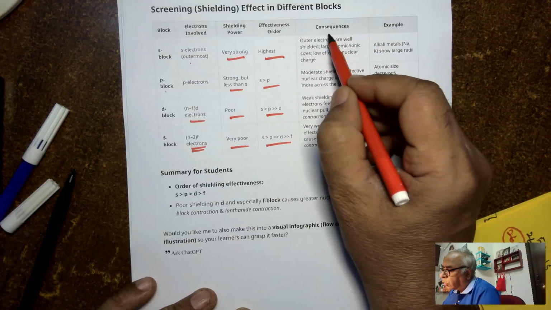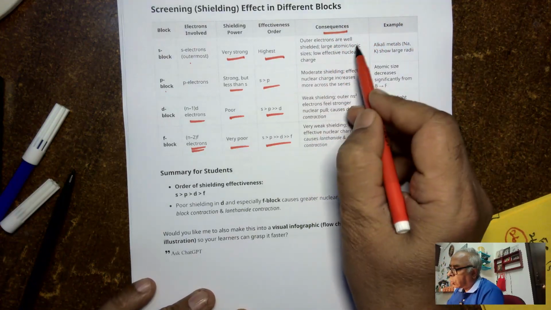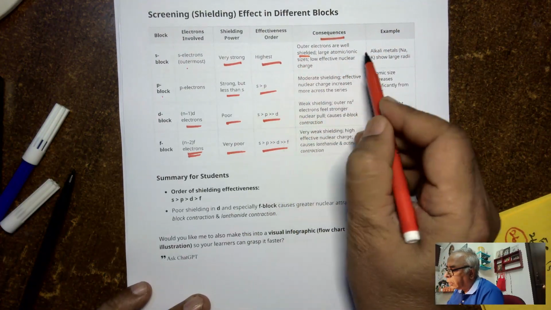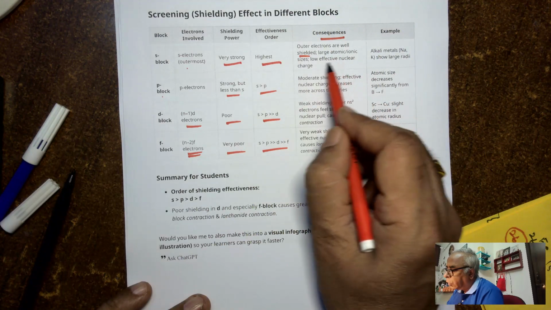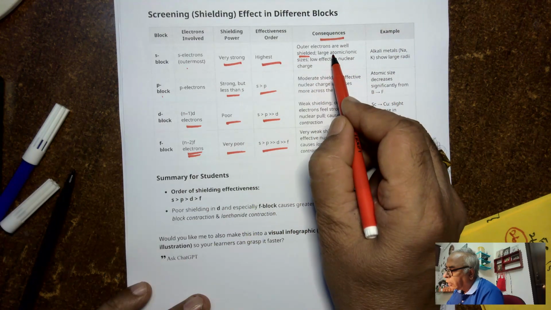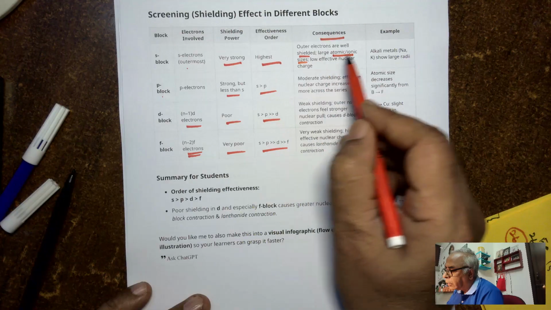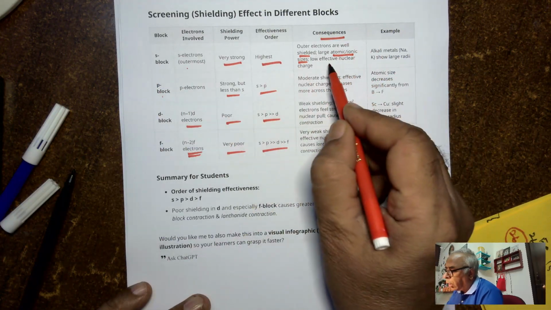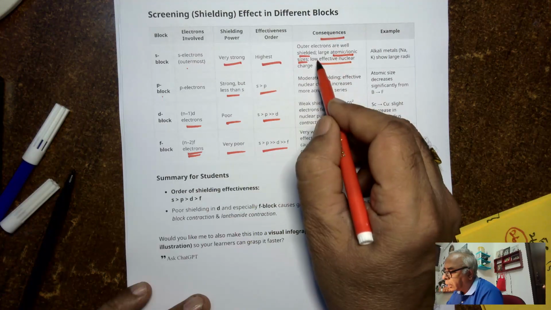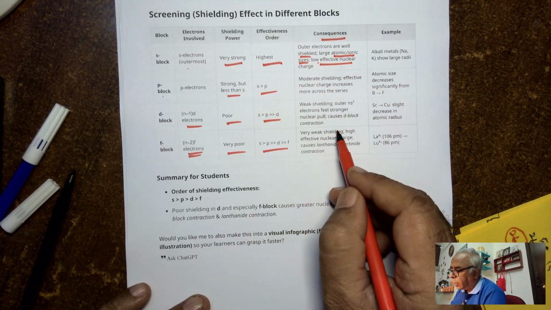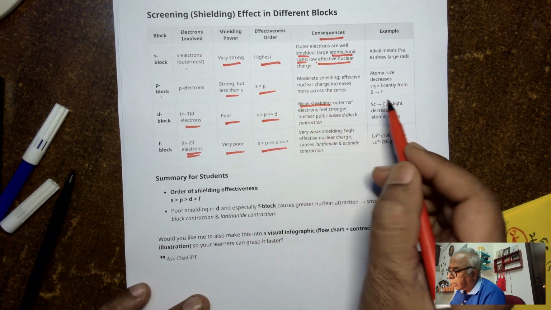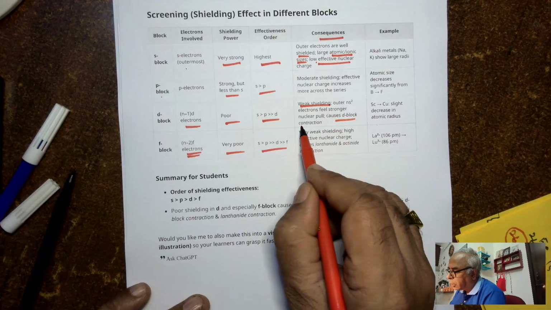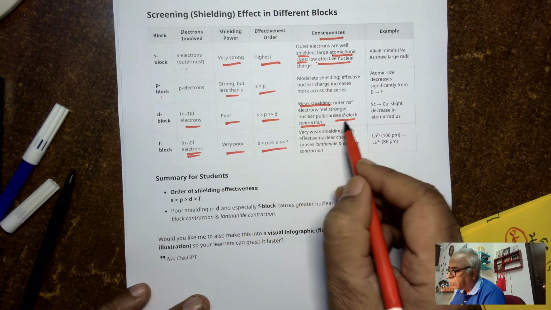So what are the consequences for the outer electrons? The outer electrons are well shielded in the s block, and that results in larger atomic and ionic sizes, and the effective nuclear charge is less. Whereas in the d block there is weak shielding and the attraction is more, so the d block contraction is more.